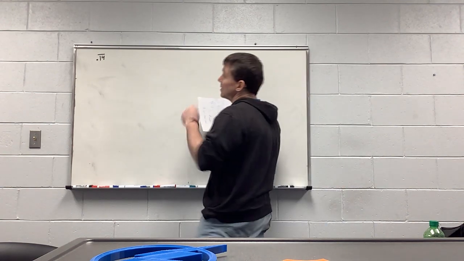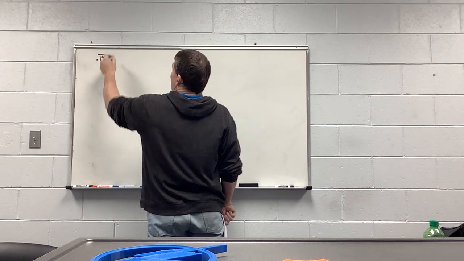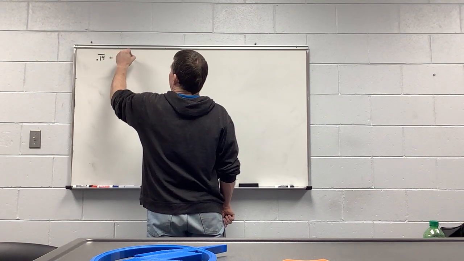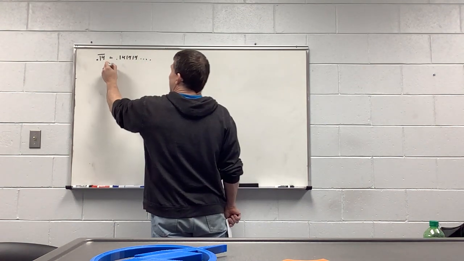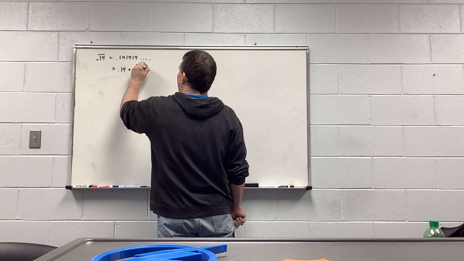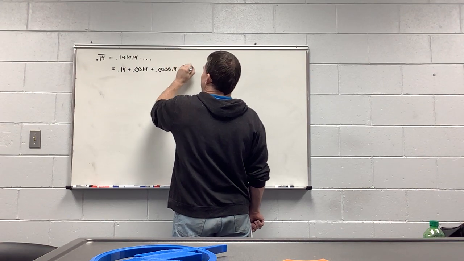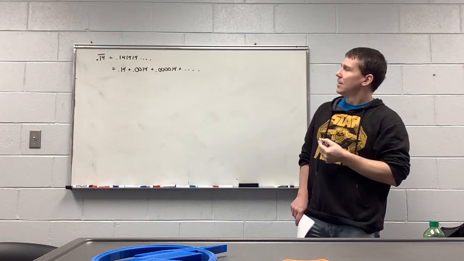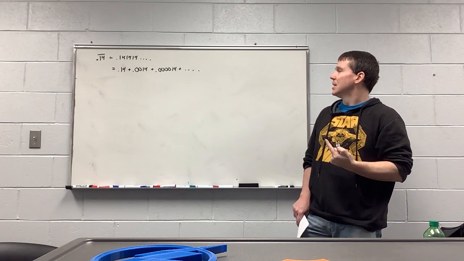And the idea is, what does 0.14 repeating mean? Well, that means 0.14, 14, 14, and so on. But another way to write this is 0.14 plus 0.0014 plus 0.000014, etc. And clearly that pattern will repeat as the 14s repeat.